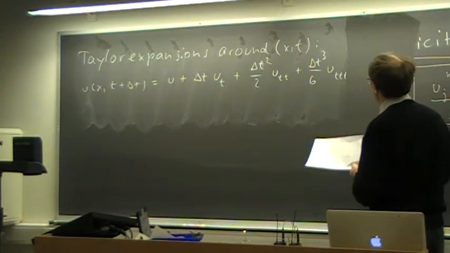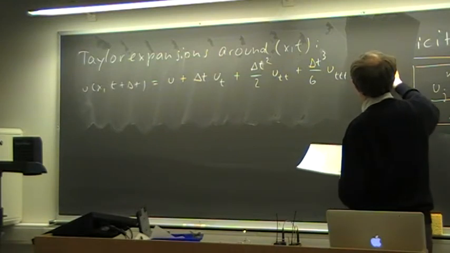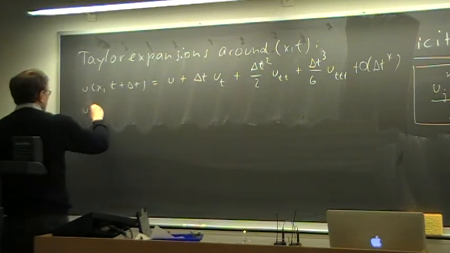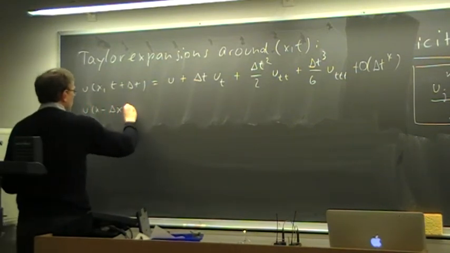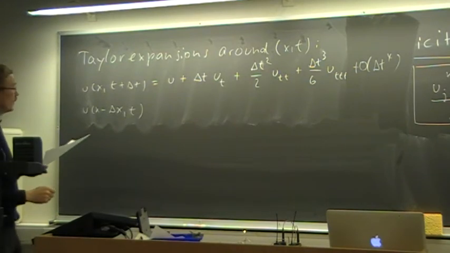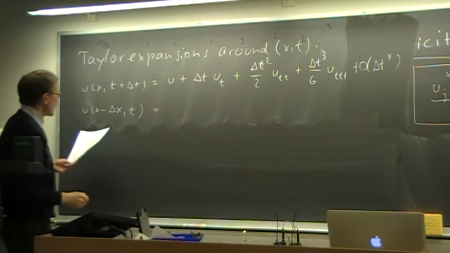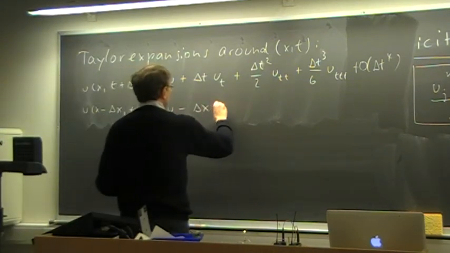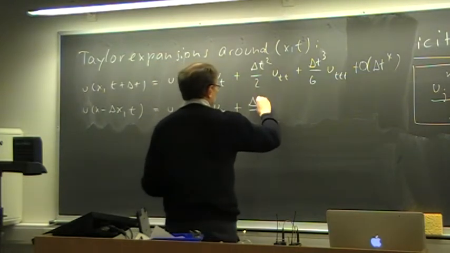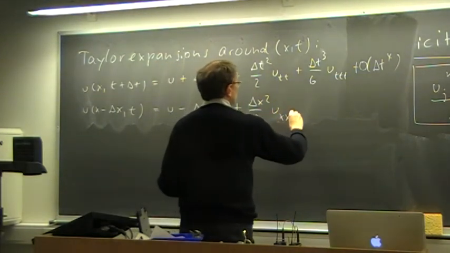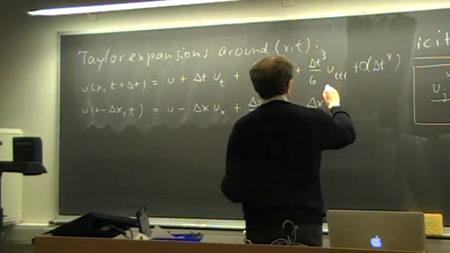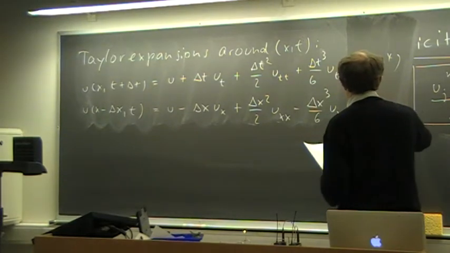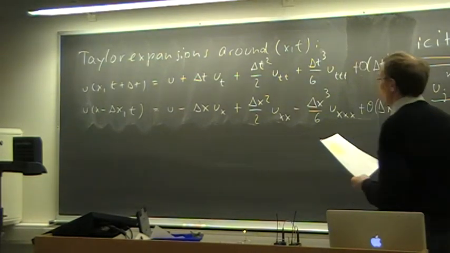And that is then the remaining order, delta t to the power 4. We also need u of x minus delta x at t, in 22. So the Taylor expansion around x, t now is u minus delta x u_x plus delta x squared half u_xx minus delta x to the power 3 divided by 6, third space derivative, plus order delta x to the power 4.